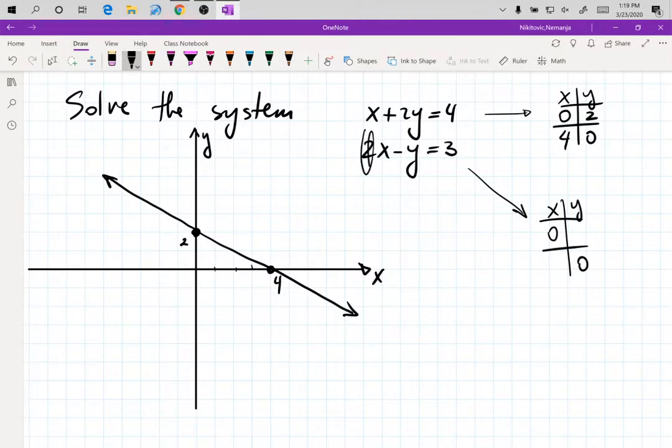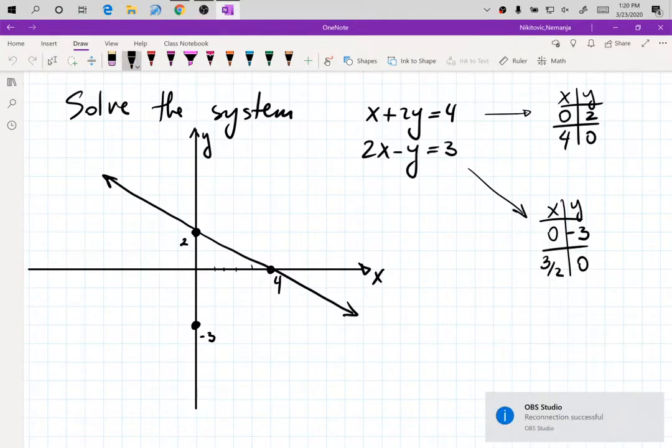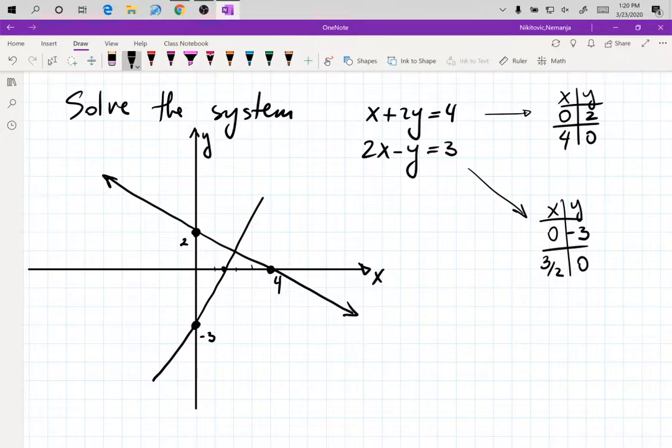When x is 0, that goes away, so y is negative 3, because when you divide both sides by negative 1, you will get negative 3. Next, so that's here.